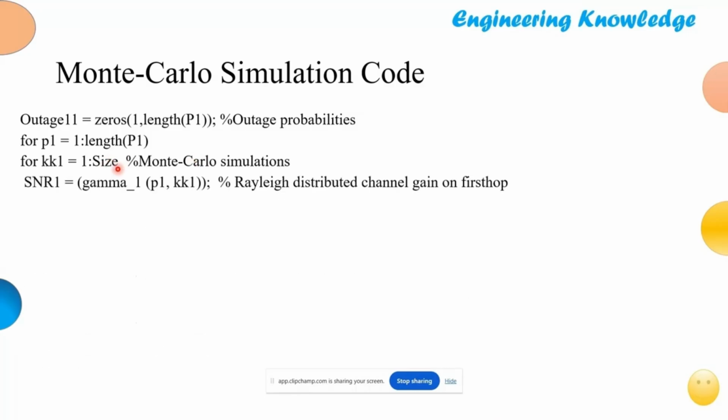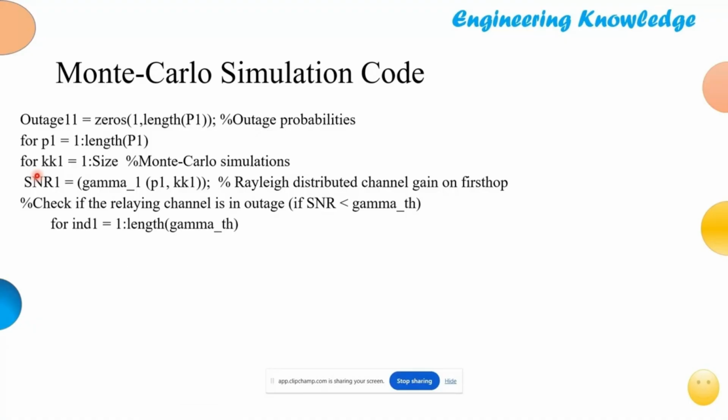We have already generated our gamma_1, which are all random variables. I am now taking the entry corresponding to the SNR and corresponding to the Monte Carlo simulation. So this P1th and KK1th, this is row, this is column, where a Rayleigh distributed channel gain is stored as SNR1, and we check whether this gain is less than the threshold SNR or not.